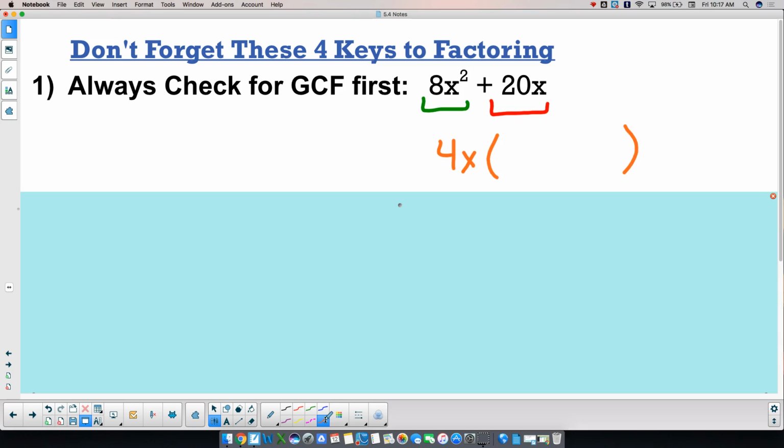So inside my set of parentheses, I should also have a binomial. Okay? So 8 divided by 4 is 2. X squared divided by x is x. 20 divided by 4 is 5. X divided by x is 1.